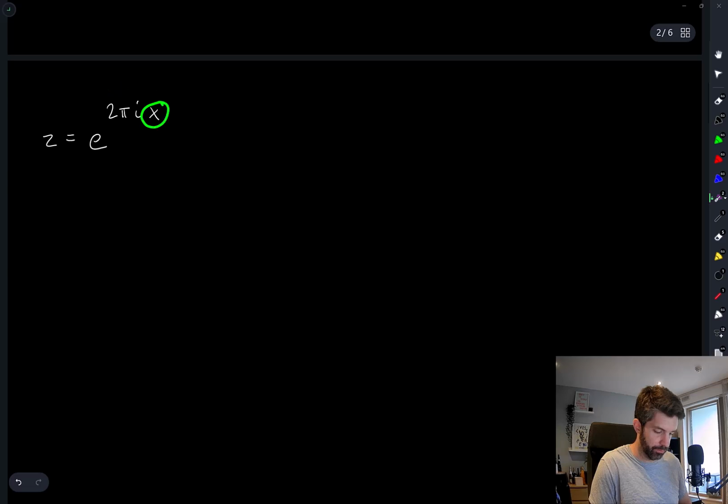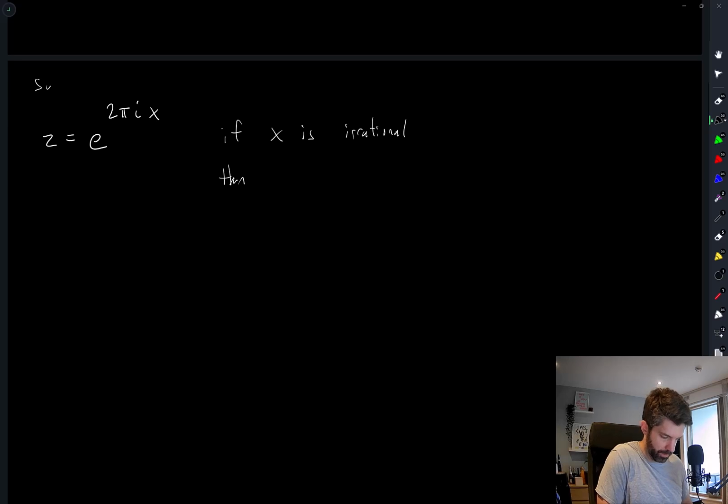So x is the angle corresponding to the complex number. If x is irrational, okay, hold on.